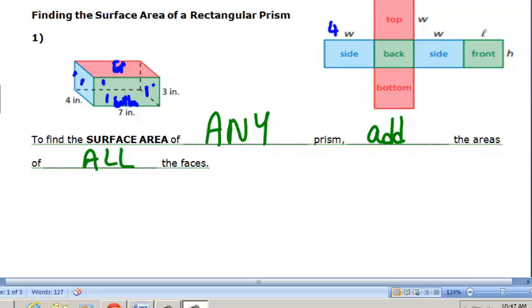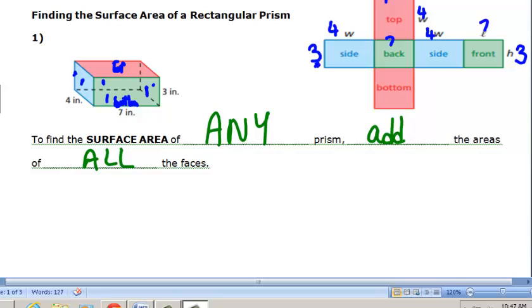Okay, so let's take a look and fill these in. This is 4 inches, that's what they've given me. This is 3 inches. This is 7 inches. These two are 4 inches each. 7. I'm just writing this in so that it's easier for me when I figure out the area. Since this is 7, this is also 7.